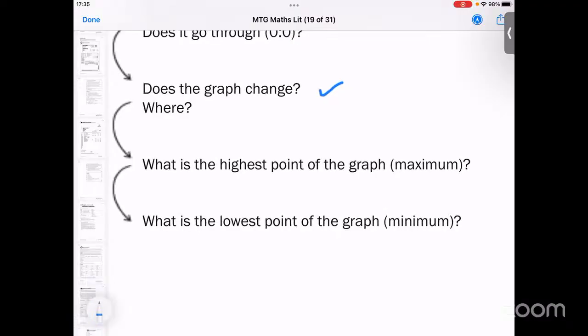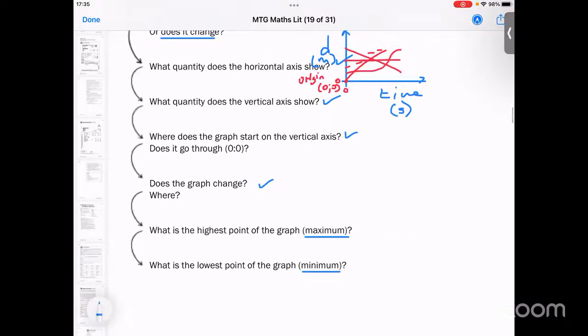What is the highest point of the graph? In other words, what is the maximum point? Not only that, but the second question would be, what is the lowest point of the graph? In other words, we are talking about the minimum point.